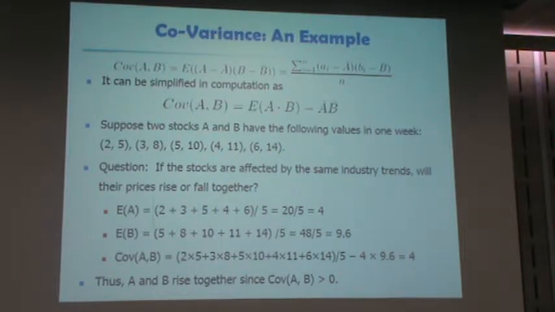But you should be careful whether 4 is a huge or a weak covariance. We don't know yet. At that time we should know the overall characteristics of the data. In this case, 4, as you can see, 2, 3, 5, 4, 6, 5, 8, 10, 11, 14.